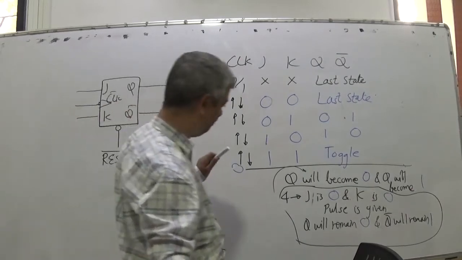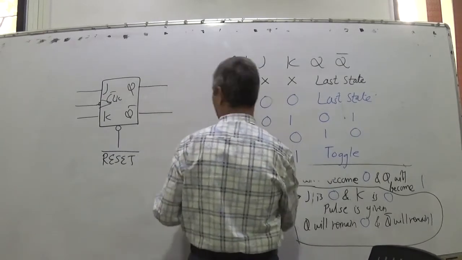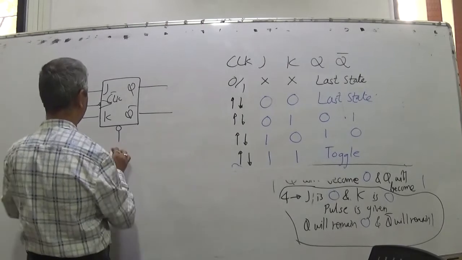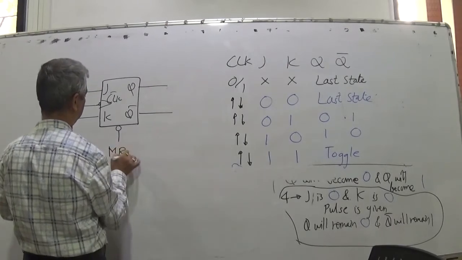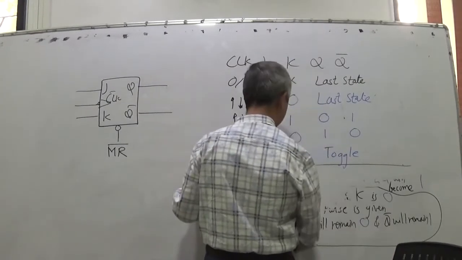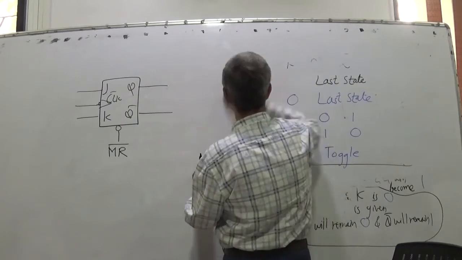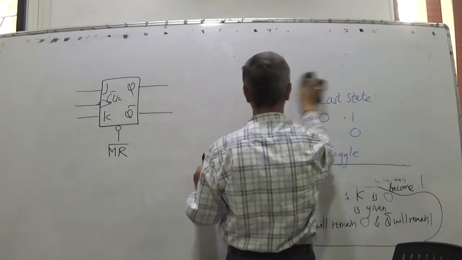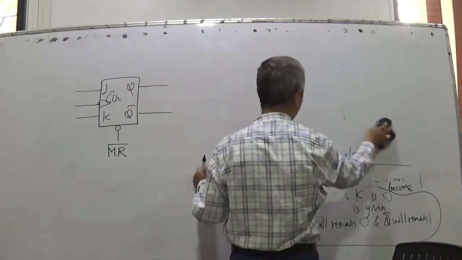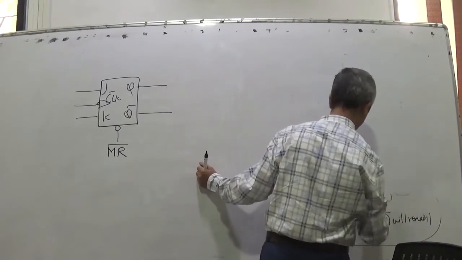There is a preset, but right now we don't discuss that. A master clear, or we can call it master reset, MR bar. So this master reset is an overriding input over all the combinations.